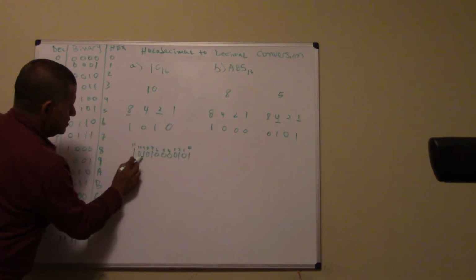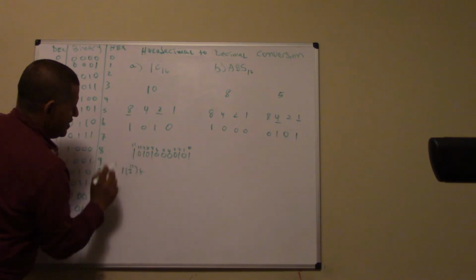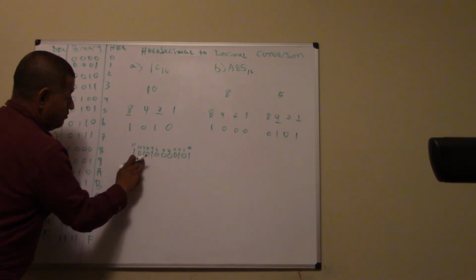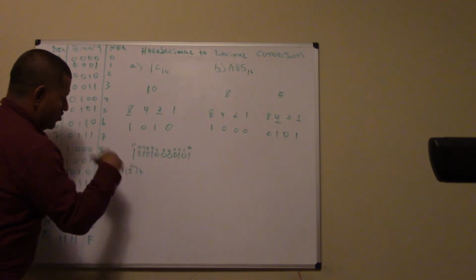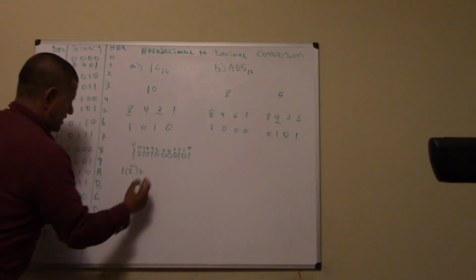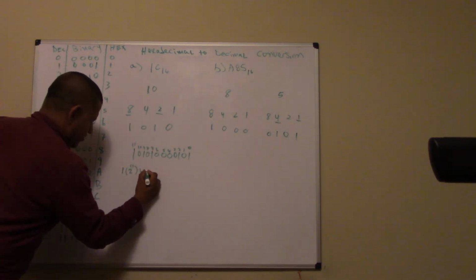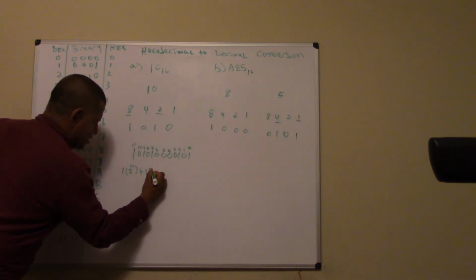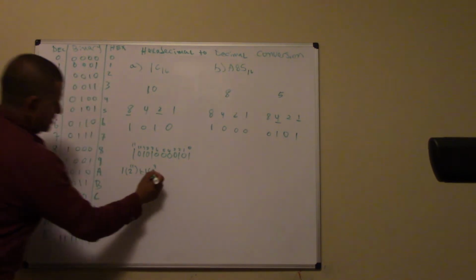This 1 over there, so to the 9th power. So this multiplier, which is 1, corresponds to a certain number, which is base 2 raised to the 9th power, right? So I get 1 times 2 to the 9th power, right?